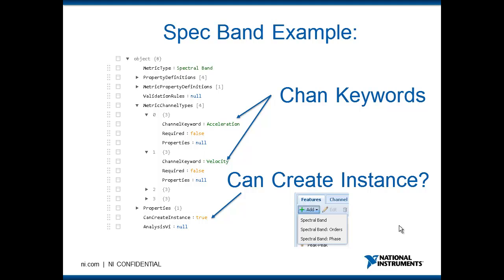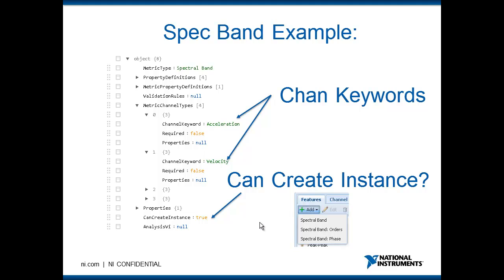I bring up the spectral band metric definition to show this one field, can create instance. Notice that it is true. This means that in the System Console, when you're in the Features tab, you have the ability to click Add and select Spectral Band to create an additional instance of that metric.